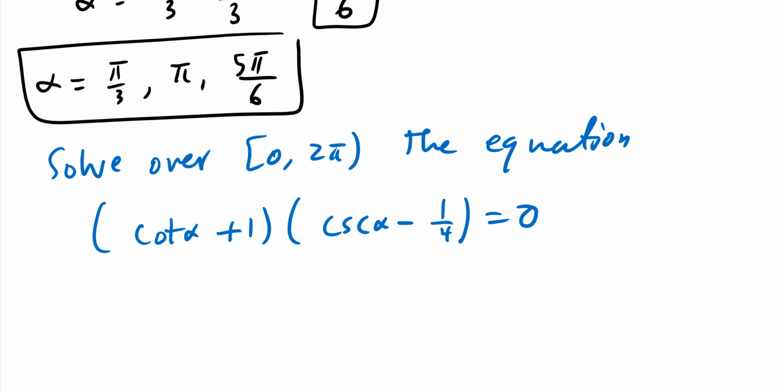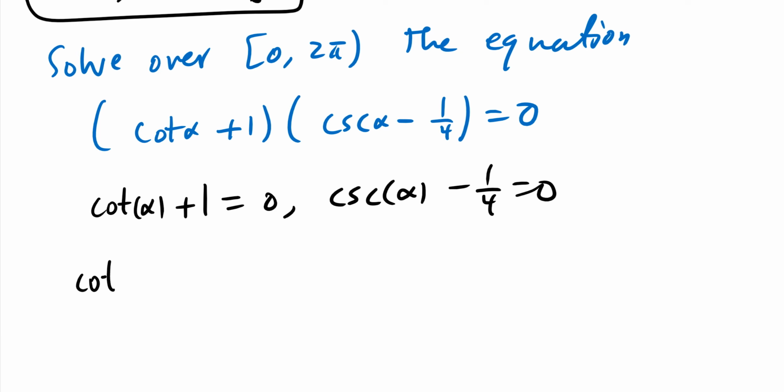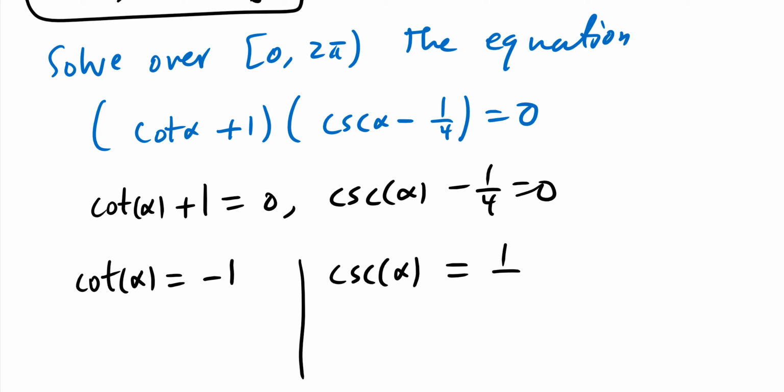For this one, it's already in factored form, so they made it easier for us. For a factored expression to be 0, the first factor is 0 or the second factor is 0. Here, that gives us cotangent alpha is -1 if we isolate this, and cosecant alpha is 4.